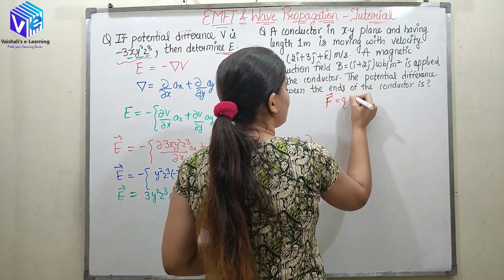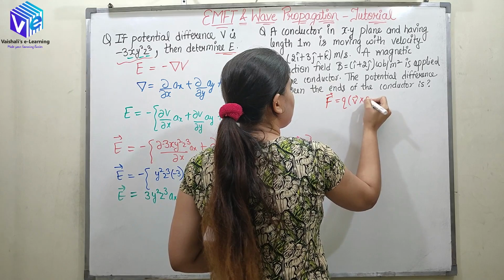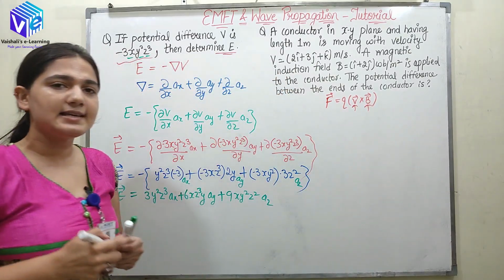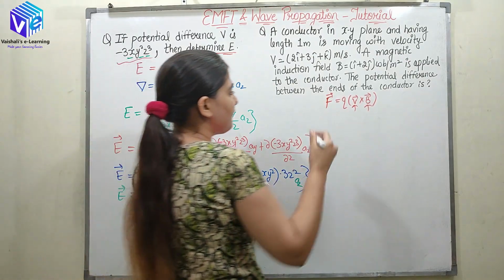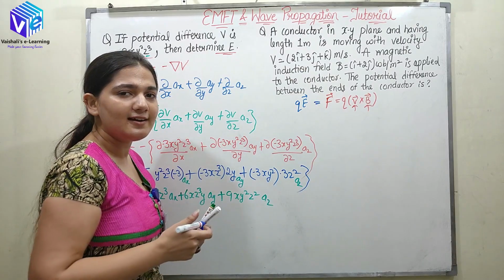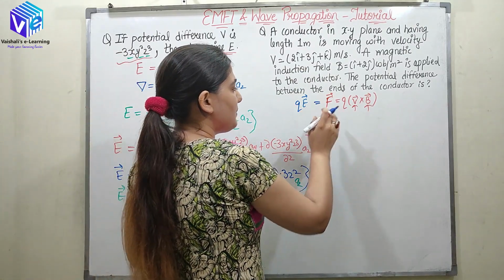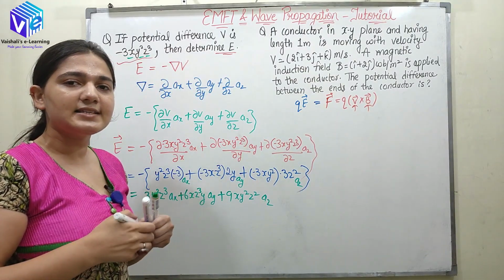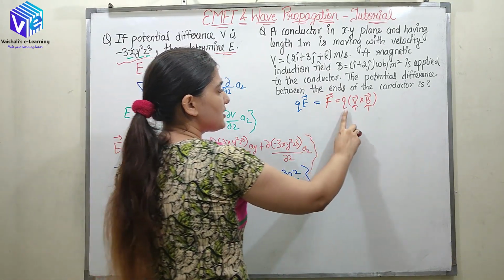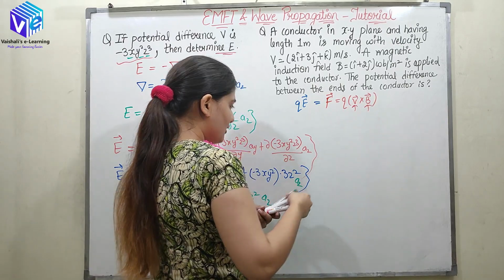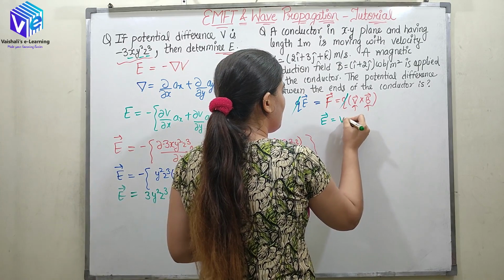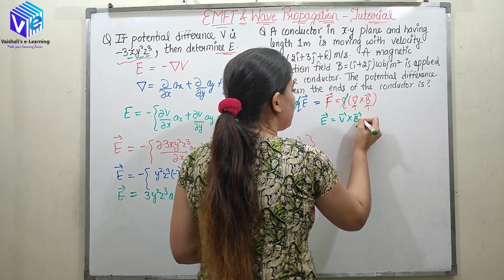Force is equal to Q V cross B. Because V is given, B is given, I can easily find out force, and force is equal to Q into E. I know the relationship between electric field intensity and force. So QE is equal to F, which is equal to QV cross B. So I can easily cancel out Q, and E will be equal to V cross B simply.